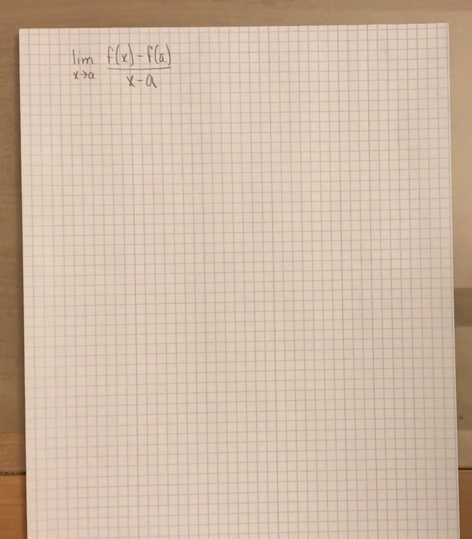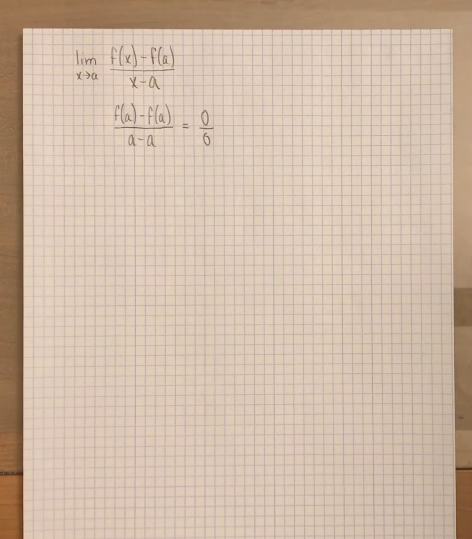We would find f of a minus f of a over a minus a, which would result in the indeterminate form 0 over 0. So there's going to be some algebra necessary. We need to find an equivalent form of the average rate of change formula, and that gets to be kind of tricky.